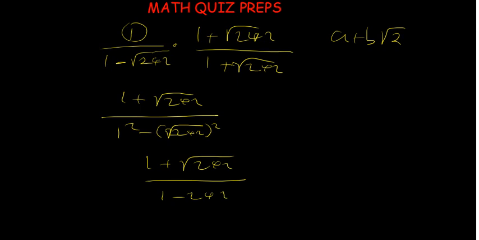So this is the same as 1 plus root 242 divided by 1 minus 242 being negative 241. Is it true?